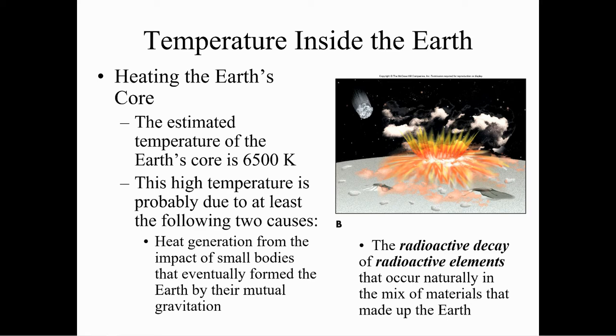So the radioactive material in the Earth heats up the core. And before I go to the next slide, that's contrary to what we're told in physical science, where the only energy comes from the sun as far as we are concerned. But there is energy inside the Earth's core that doesn't come from the sun, and that is radioactive energy: radioactive decay and radioactive elements.